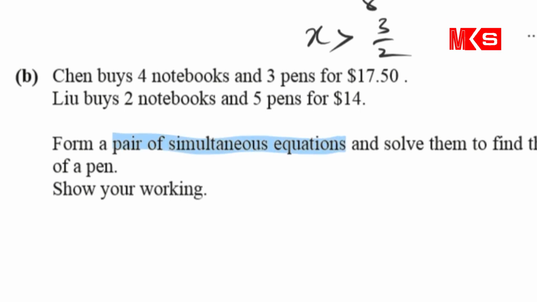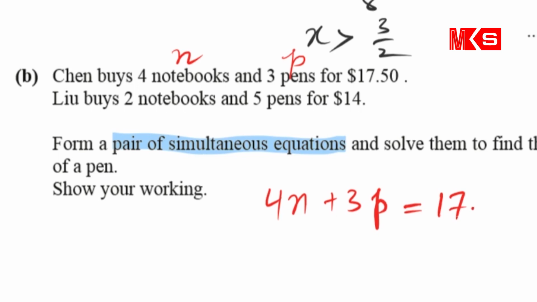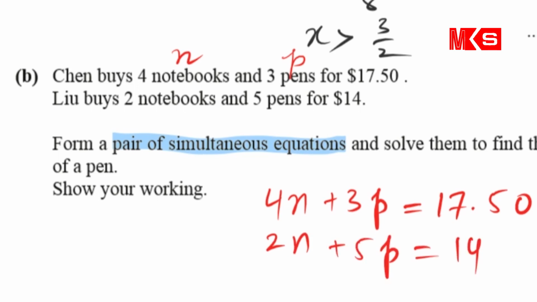So in this case, let the price of one notebook be N and one pen be P. So 4N plus 3P, total cost is 17.50. And the same way 2N plus 5P is equal to 14.